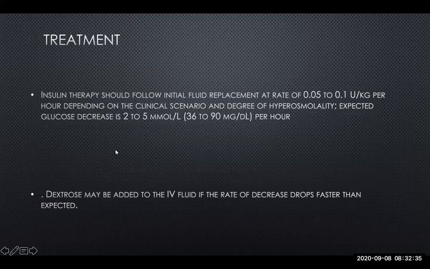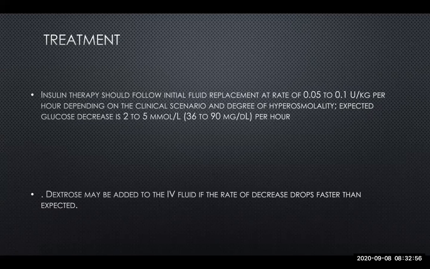So after the fluid replacement, we should follow with the insulin rate. The insulin is going to be given as a drip or constant infusion with a rate of 0.05 to 0.1 unit per kilo per hour.